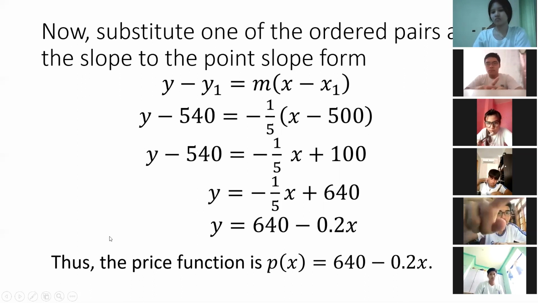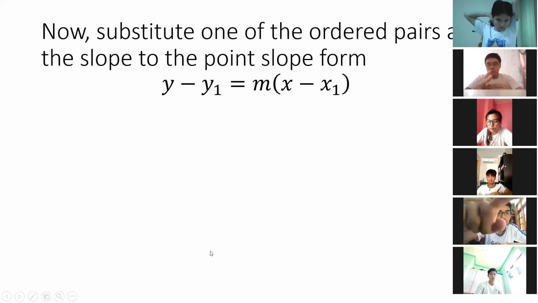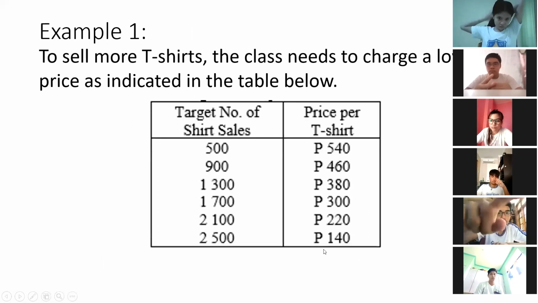To check if your price function is also correct, let's try the other values in the table. So we have here 2,500. Look at the price per t-shirt if the number of t-shirts sold is 2,500: 140. Remember, 140.